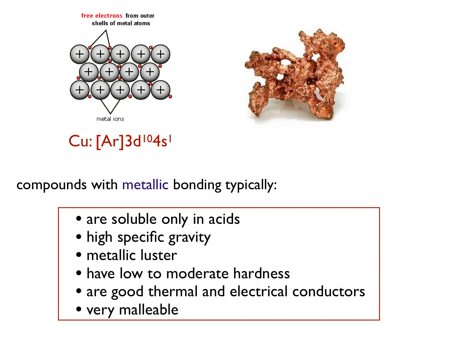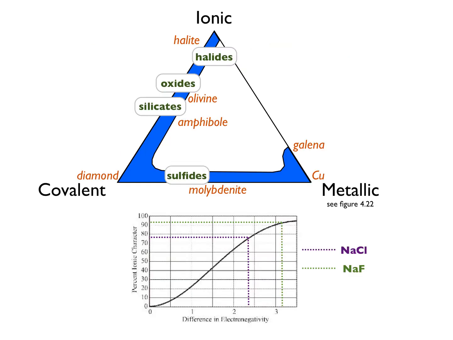So metallically bonded solids are actually pretty special. They have physical properties that are quite different than the physical properties of minerals that are dominated by ionic or covalent bonds. I warned you at the beginning of lecture last Thursday that we're going to talk about these three types of bonds, but as it turns out, most minerals are not 100% ionic, covalent, or metallic.